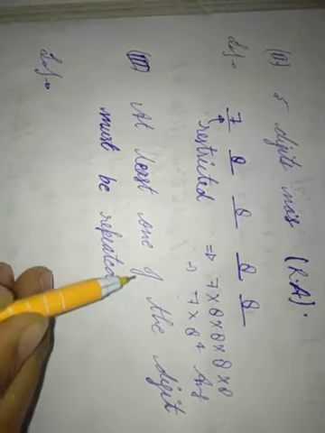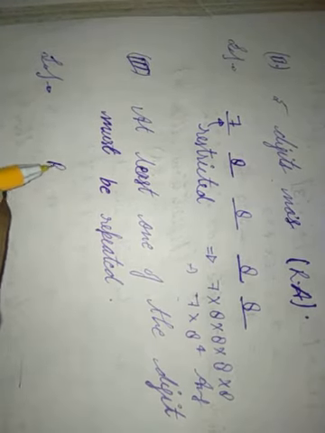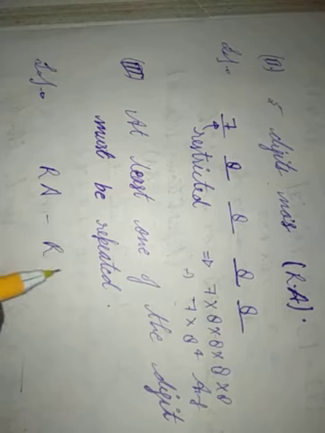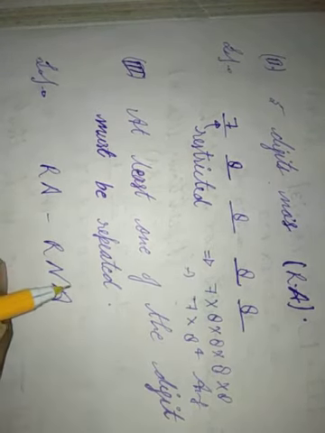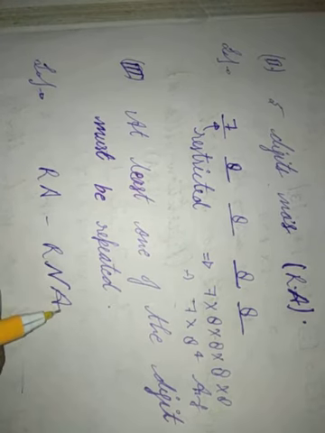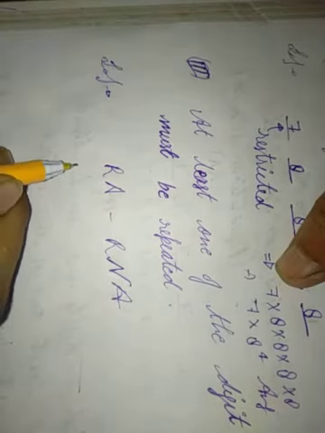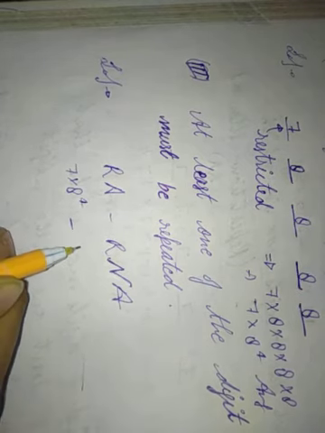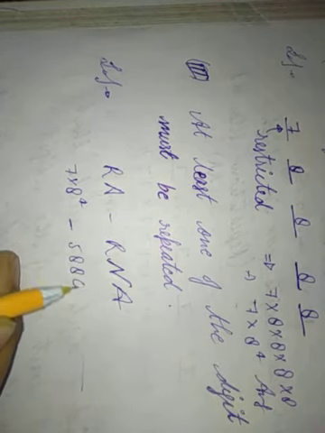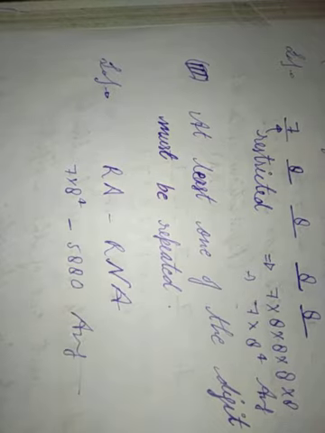So at least one of the digits must be repeated. So we have the formula, we know RA minus RNA. In the previous lecture we already studied that formula. Then 7 into 4 minus 5880. This is our answer.